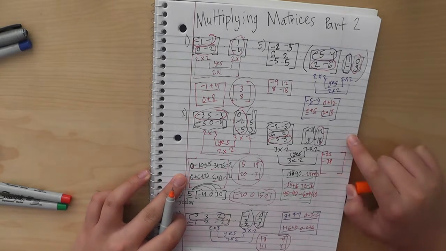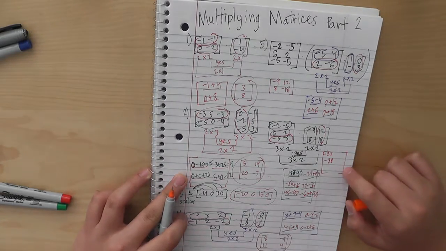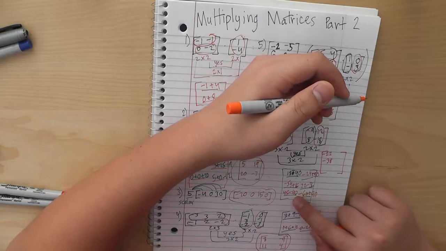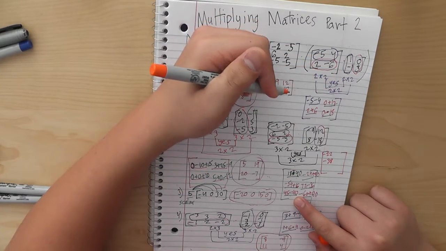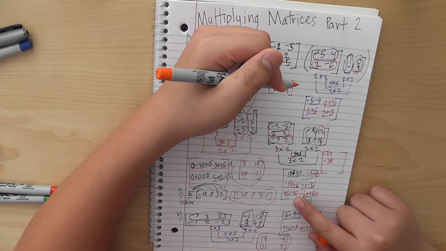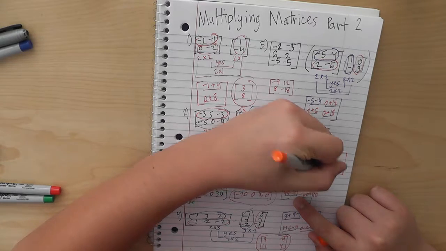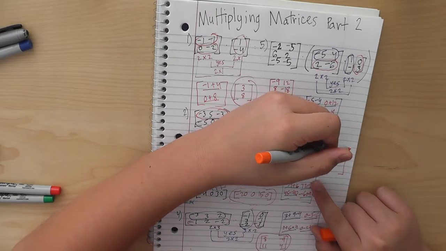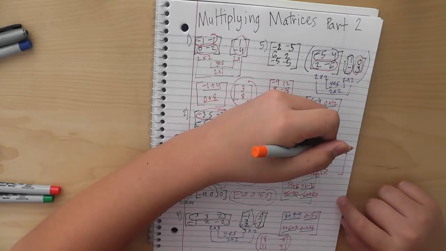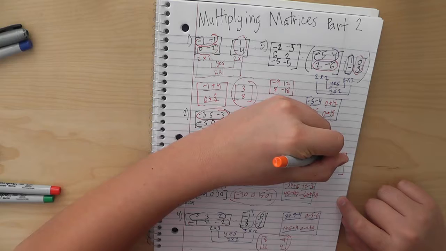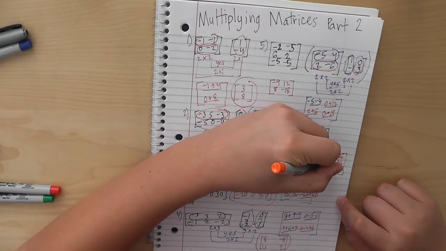Alright. And then 5, 90 minus 24 is 66. 72, subtract 36 is 36, and then 30.